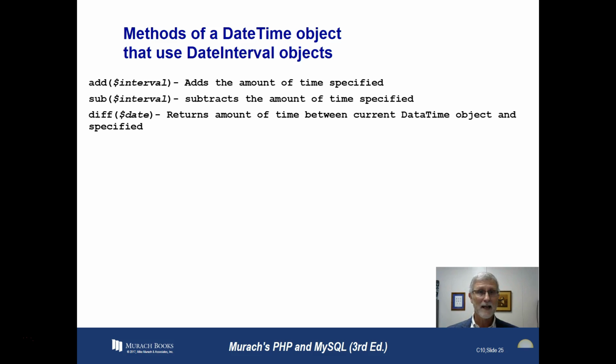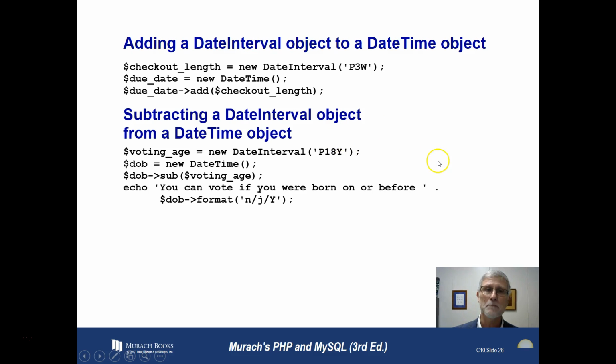Now, difference says, hey, I'm going to give you the timestamp from the current date time object to the date you specified. So you're specifying something, but then it's going to compare it to what it is exactly right now. So just different ways of manipulating dates and times.